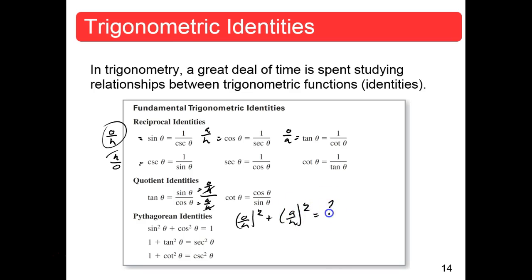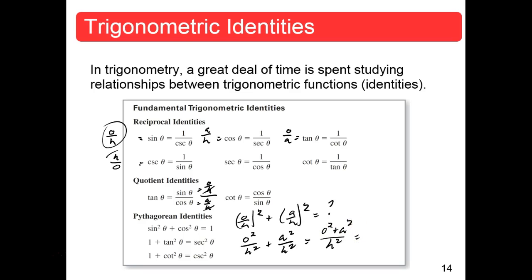And let's see what we get. This would be opposite squared over hypotenuse squared plus adjacent squared over hypotenuse squared, right? What does that give us? Common denominator of hypotenuse squared, and this is opposite squared plus adjacent squared, right?